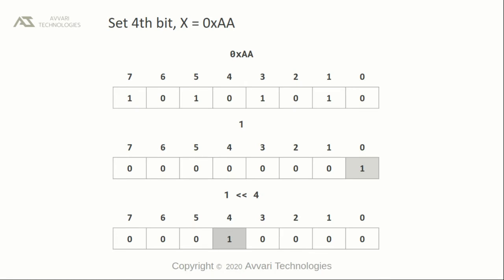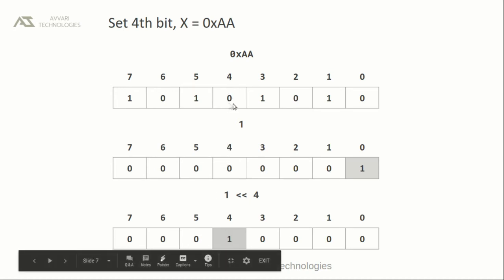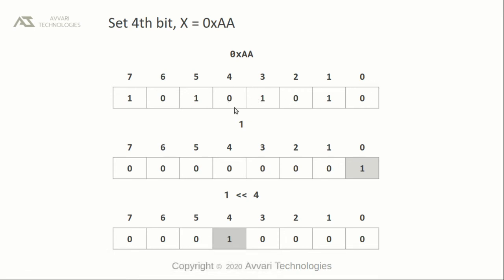In this problem statement, we are supposed to set the 4th bit in a given number. Our task is to set this bit to 1. 0, 1, 2, 3, 4, 4th bit to 1. First we will take the given number as it is and keep it aside.